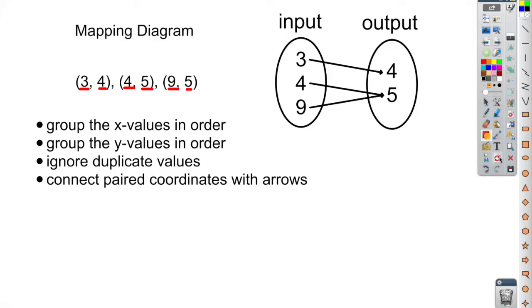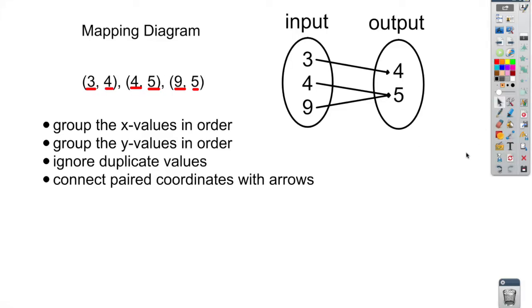All right, and so this is called a mapping. Because as you can see here, if I ask myself the question now, is this mapping relation a function? Well, I can more plainly see that each input has been paired with only one output. 3 got paired with 4, 4 got paired with 5, and coincidentally 9 got paired with 5.